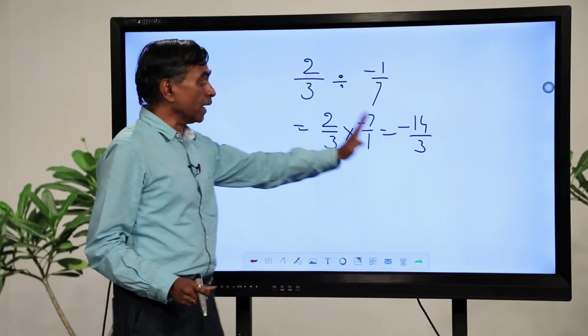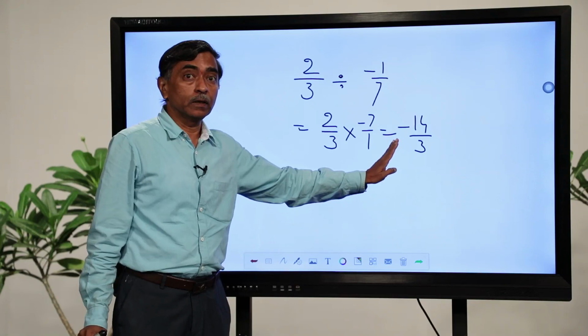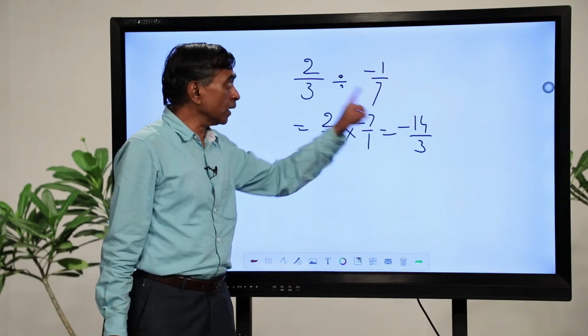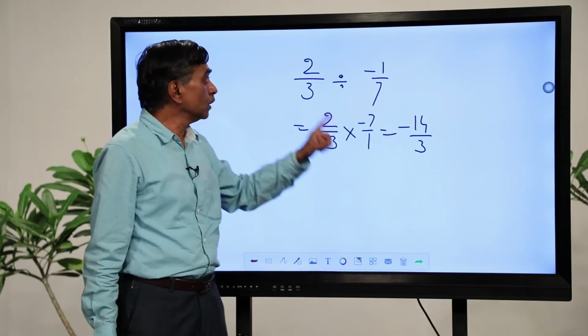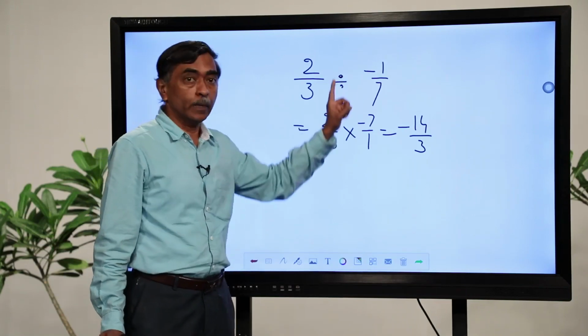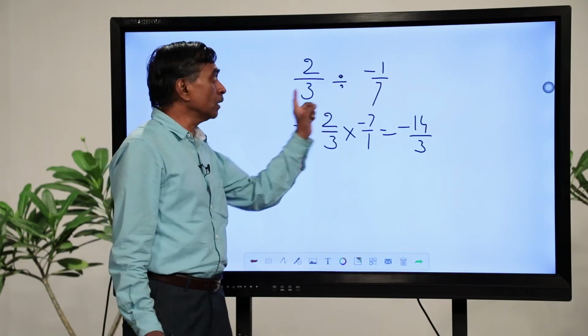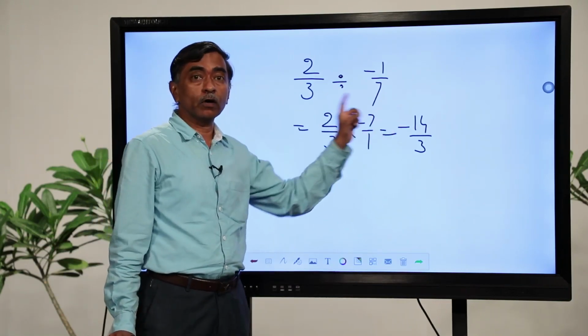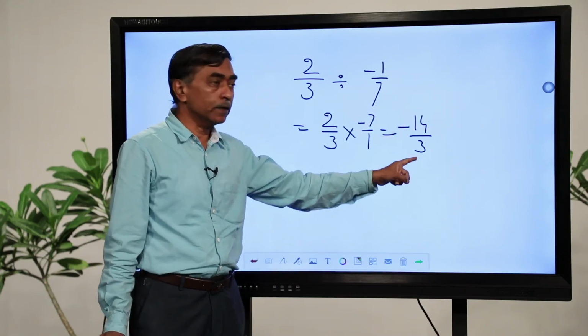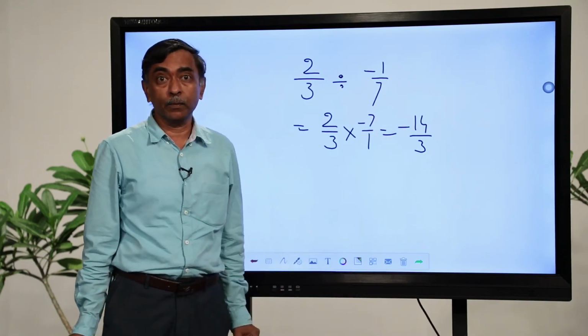So, apparently it appears that this is closed under division. 2 by 3 is a rational number, minus 1 by 7 is a rational number, and the quotient we got, minus 14 by 3, is again a rational number.